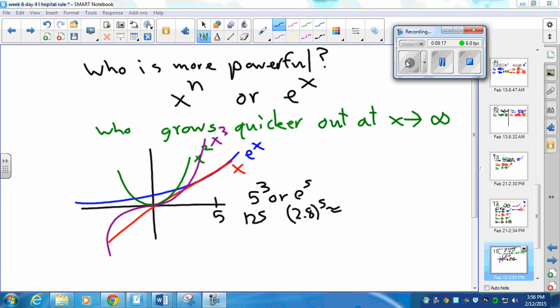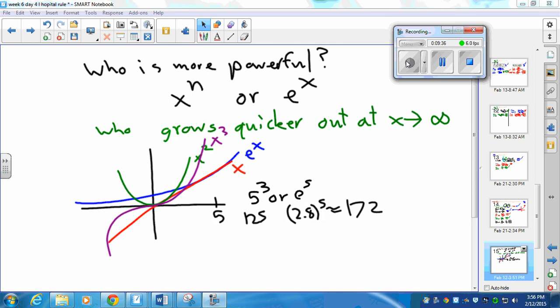Calculator. I'm finding one, students. Don't worry, I have a calculator because I'm math boy. I'm a superhero. I'm going to save your day. That's 172. So right there, who's winning? e to the 5th.